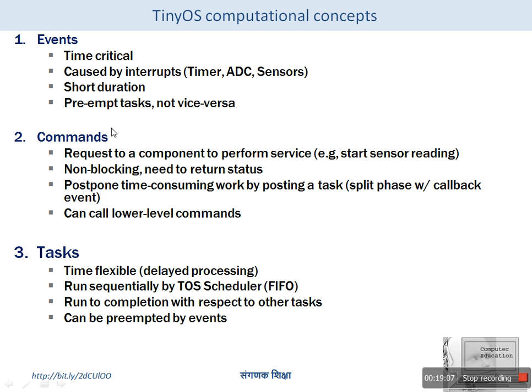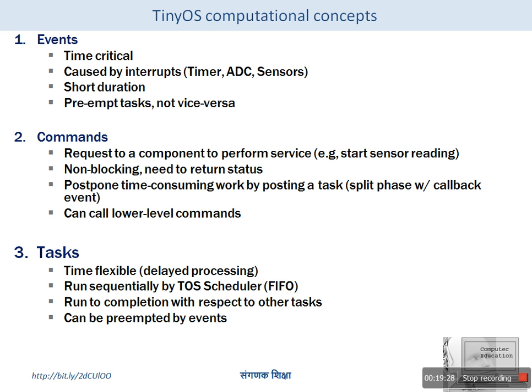Now next is commands. So commands are nothing but a request to a component to perform some service. So we have some code for the commands which is used by the component to perform some service for the sensor node. So these are non-blocking.